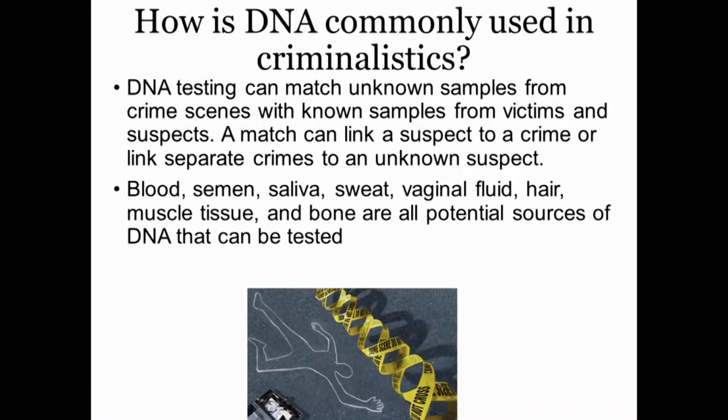So in general, DNA testing can be used to match several elements surrounding a crime scene. So the crime scenes themselves, suspects, victims of crimes, etc. There's a variety of tissues that investigators can use, which are listed here in terms of examples that can be sources of DNA.